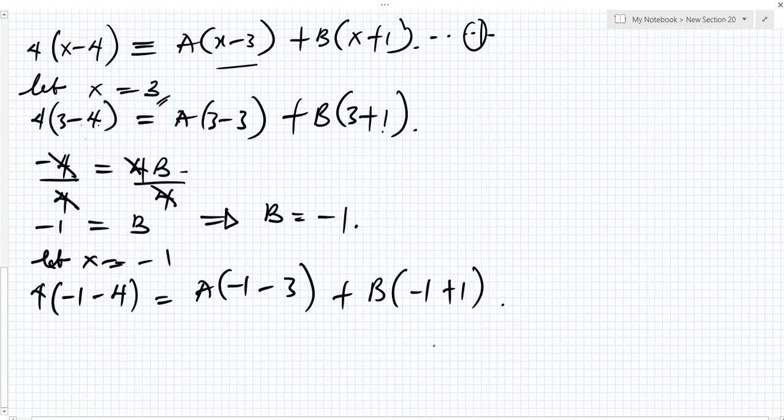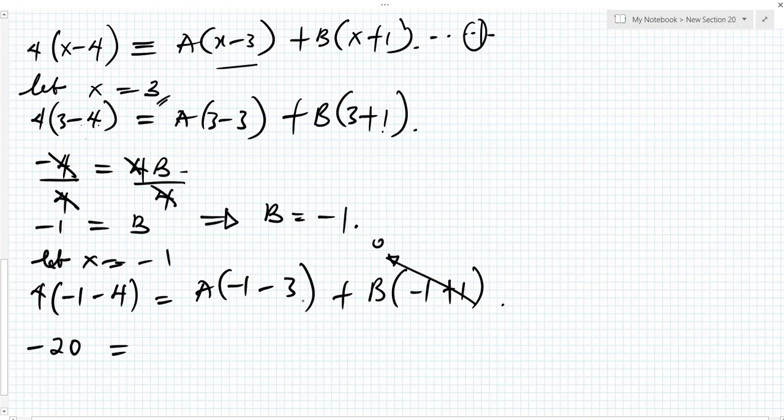So this will be 0. We are left with minus 1 minus 1 minus 4 is minus 5. So minus 5 times 4 will give you minus 20.